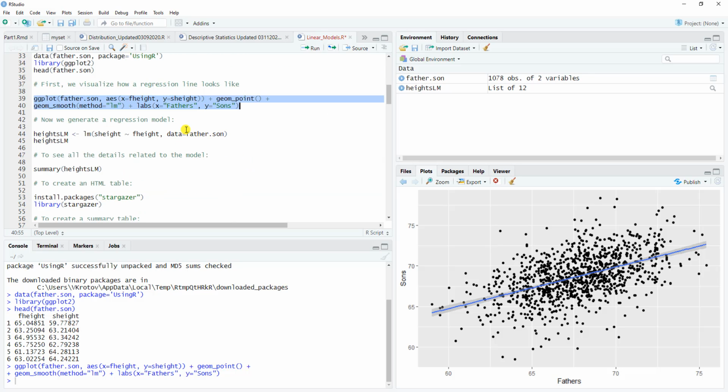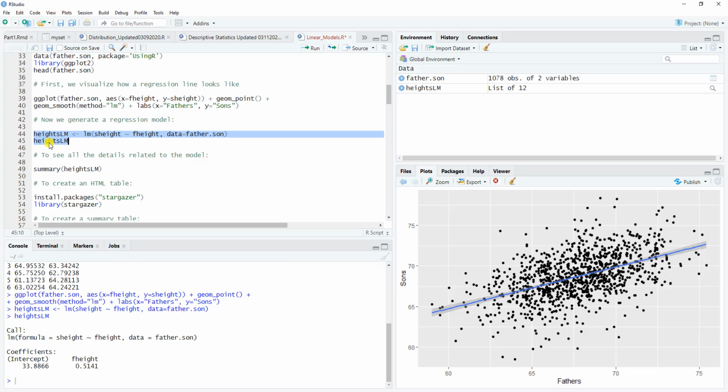So now we'll build a formal regression model. In R, to build a linear regression model, you use the lm function. So this object heights.lm will contain the output of the regression model. We'll run the regression model, and then we'll just display the content of this object. So here we got our coefficients.